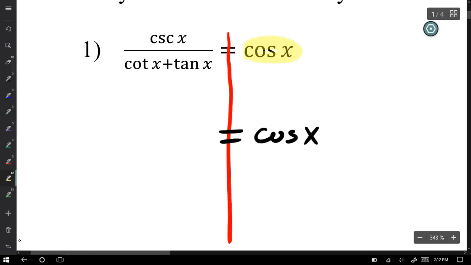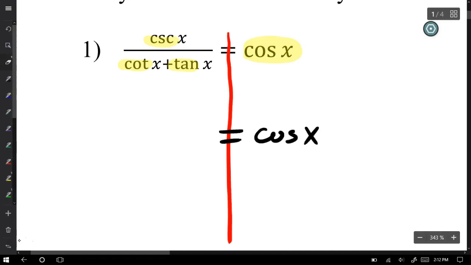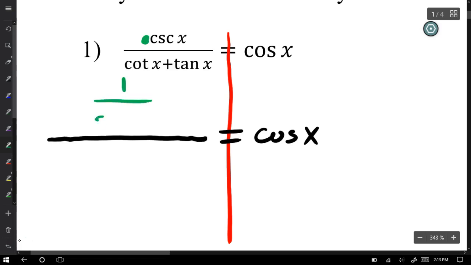In this case, I notice I have a cosine of x on the right, yet I have a cosecant on the left, a cotangent on the left, a tangent on the left. They're not like terms. And so when I want to create like terms when verifying trig identities, I'm going to want everything to be in either sines and/or cosines. So I'm going to change the cosecant of x into 1 over sine of x.